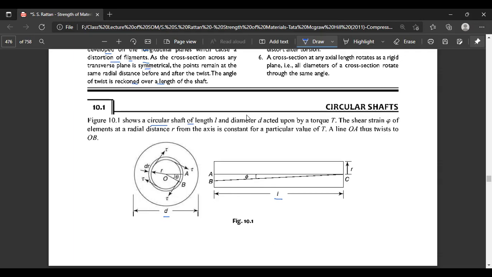It is constant for a particular value of T. The twist is OP. It is the rotation of the element of the length.